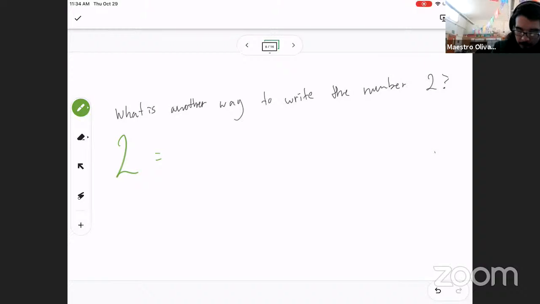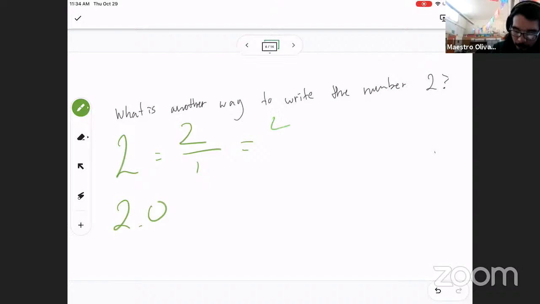So Mario said 2 over 1. That is correct. 2.0, yes. What's another fraction that is equal to 2? Nice one, Angel.